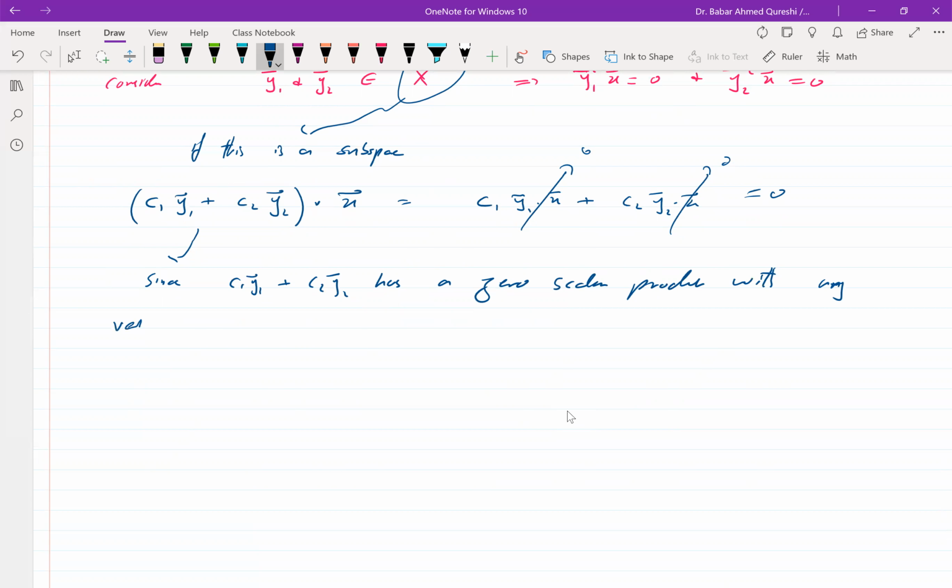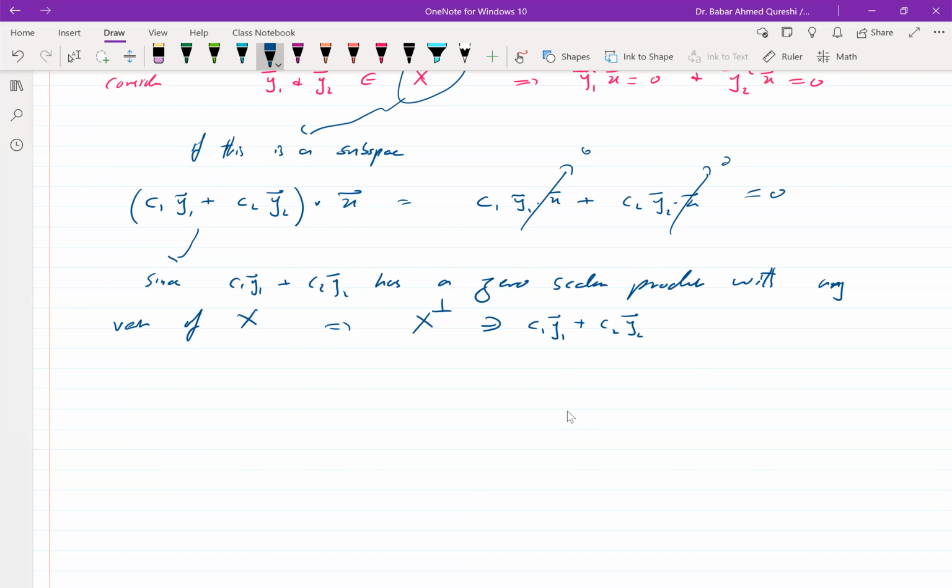This implies this has to be in the orthogonal complement, because the orthogonal complement by definition has all vectors that have 0 scalar product with the vectors in X. So this vector belongs to the orthogonal complement.